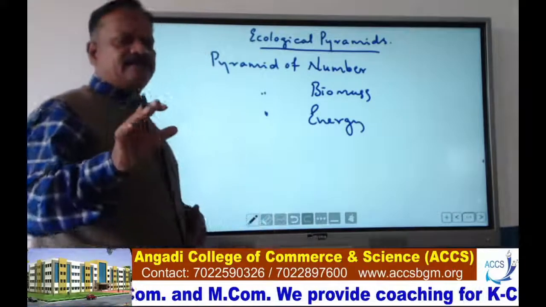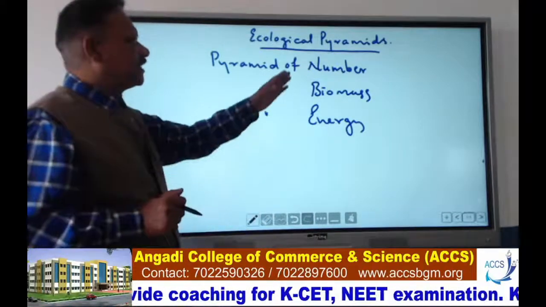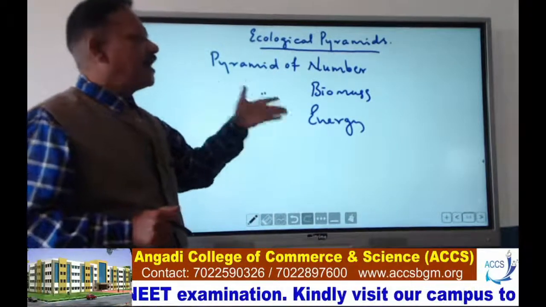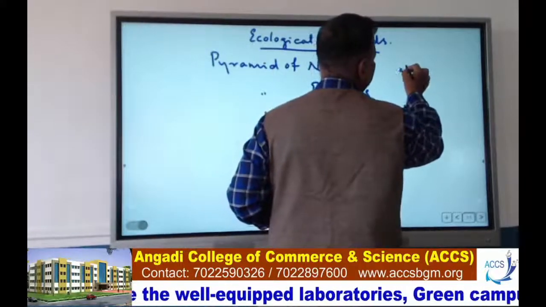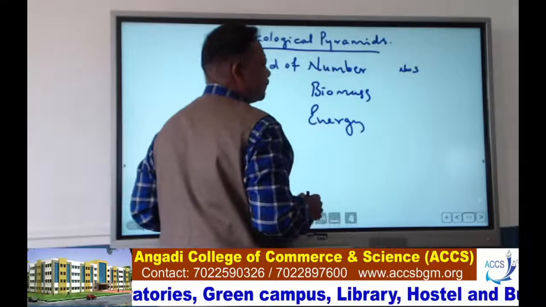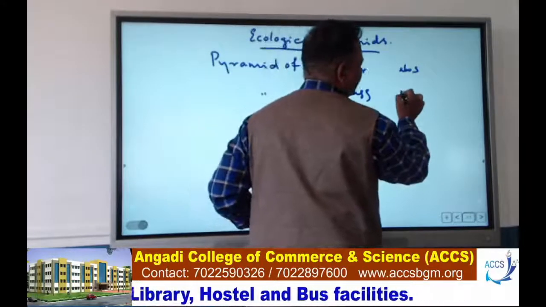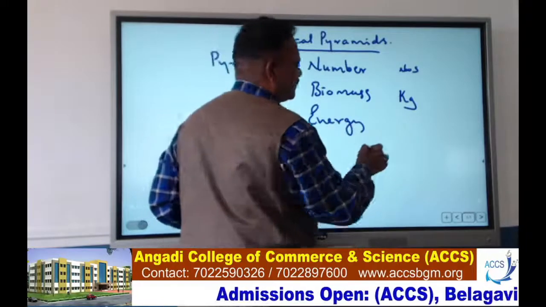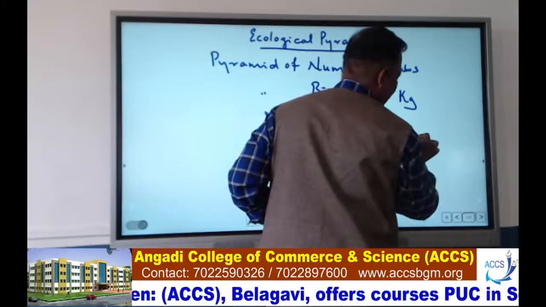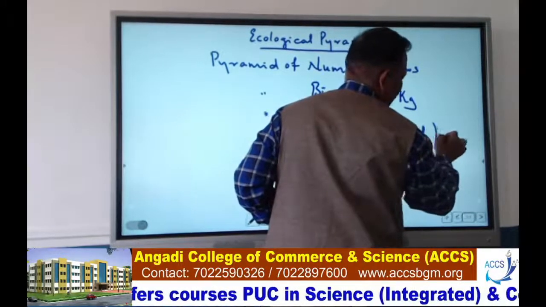So, three types of pyramids you are observing: number, biomass and energy. Number is always counted in numbers. Biomass is always calculated in kg. Then energy is calculated in kilocalories or joules.